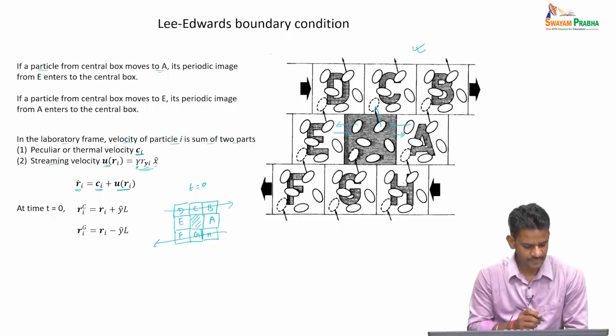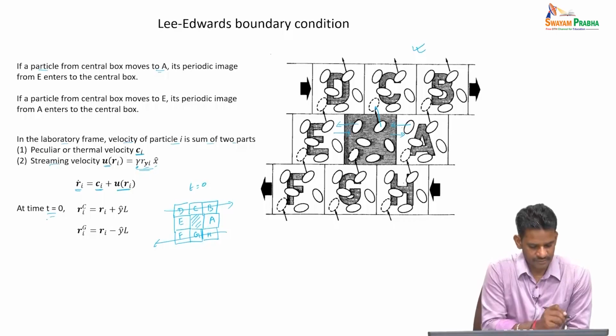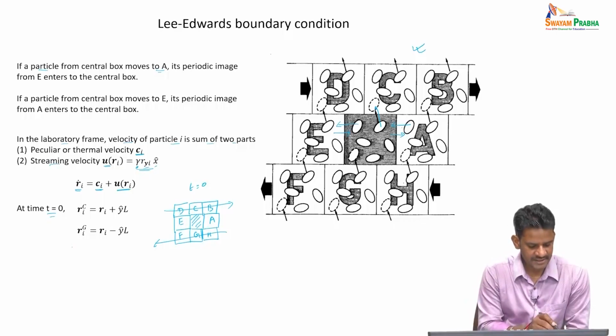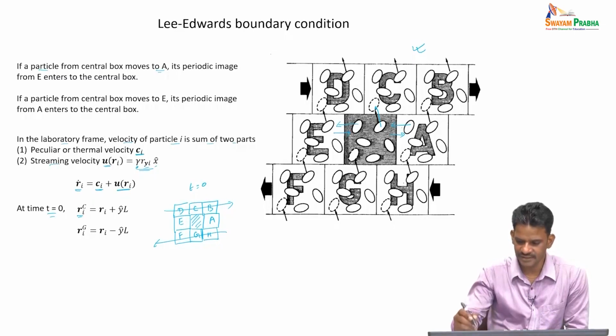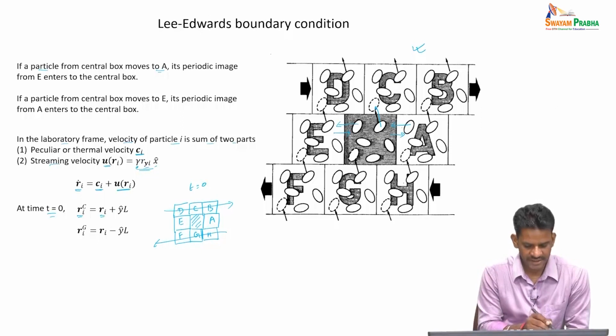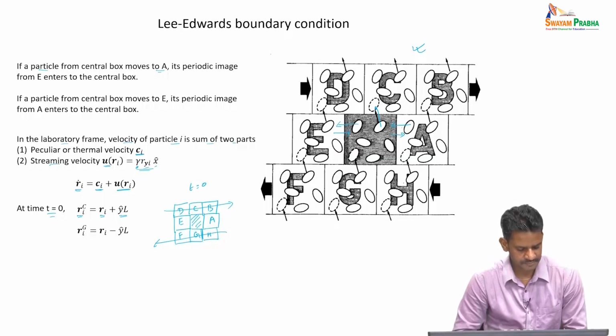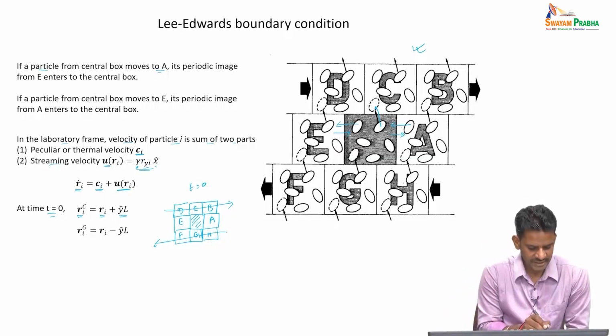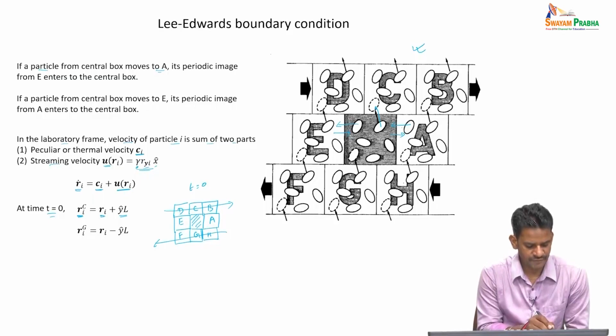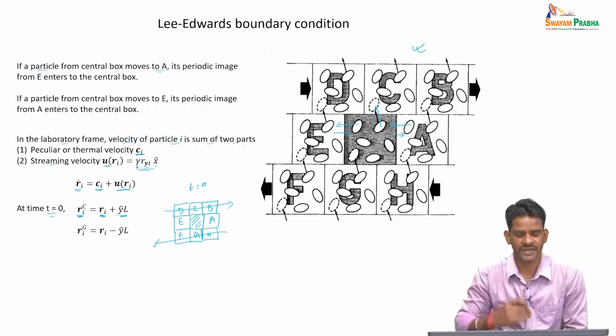Now, in this example, at time t equal to 0, we see that the position of the ith particle in C box, that is here, is given by the particle in the central box plus y times L, because that is right on the top. And you can see that the image in the box C is different from the position in the central box only by the y component, because it is in the positive y direction.